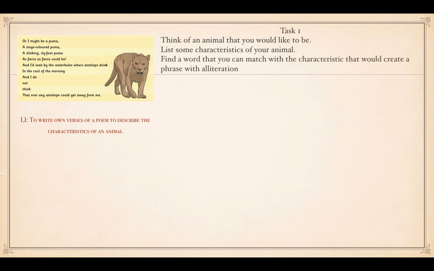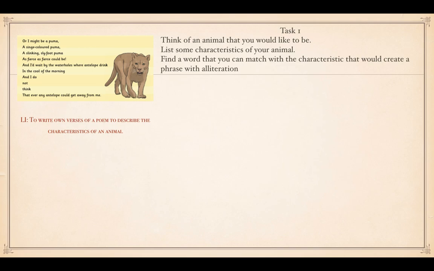Next, if we want to introduce alliteration, you need to be able to find a word that you can match with the characteristic that would create a phrase with alliteration. So if we look at verse 3 with the puma, the poet put a slinking, sly foot puma.